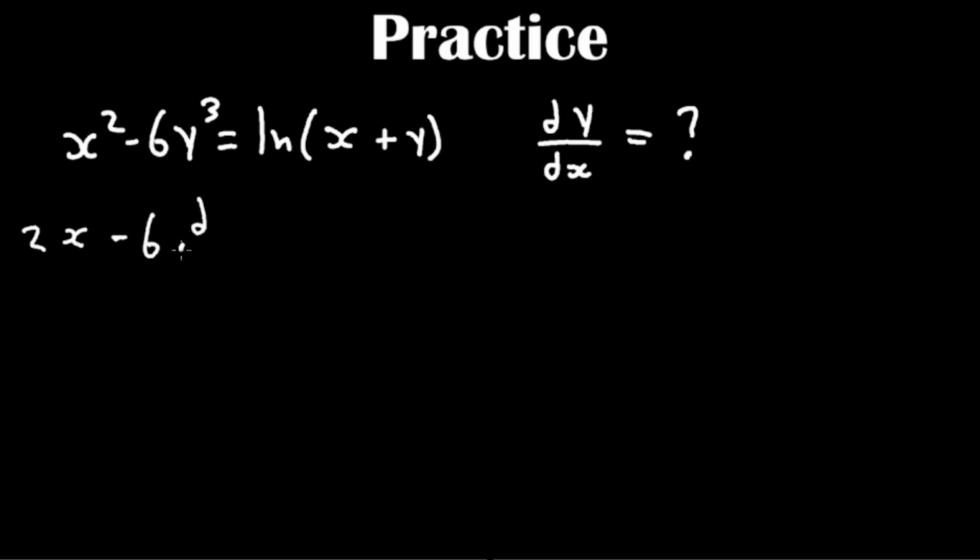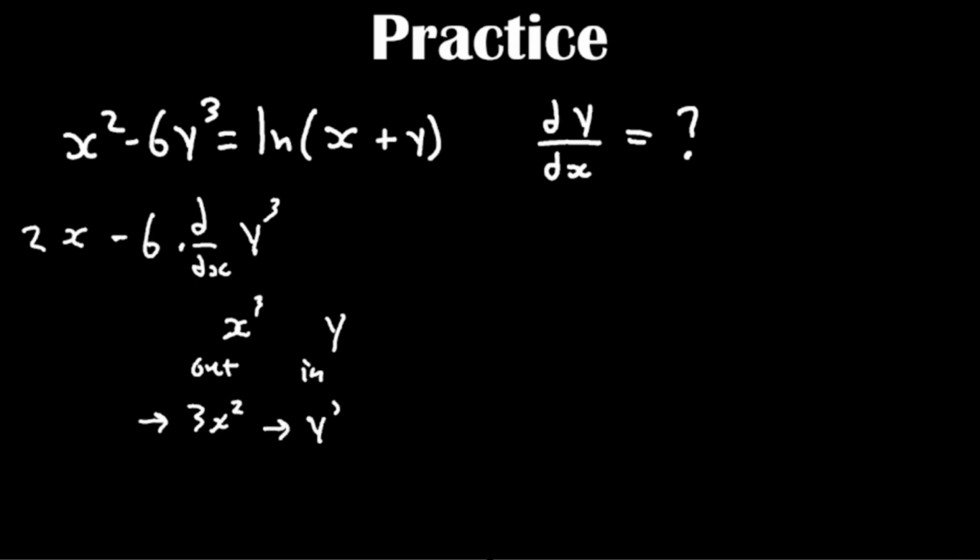The derivative of y cubed: our outside function is just x cubed and our inside function is just y. The derivative of x cubed is 3x squared, and the derivative of y is y prime.